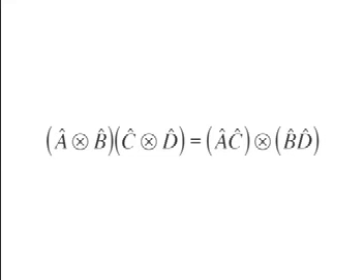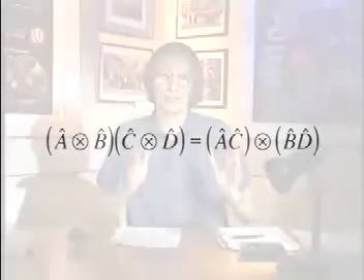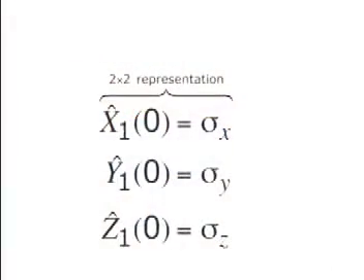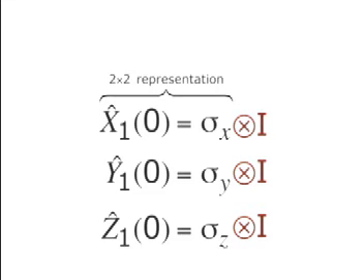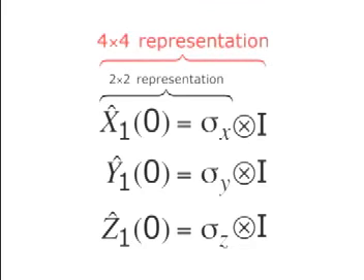Now, it follows from all that using the tensor product, we can make a 4 by 4 representation of the algebra of observables of qubit 1 as follows. Just multiply each matrix of any 2 by 2 representation by the 2 by 2 unit matrix on the right. These are now 4 by 4 matrices.